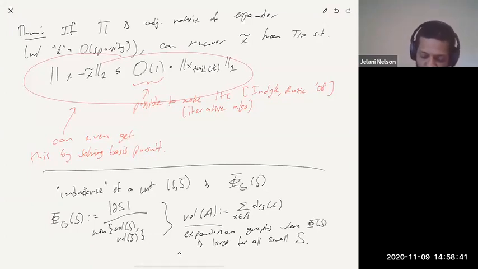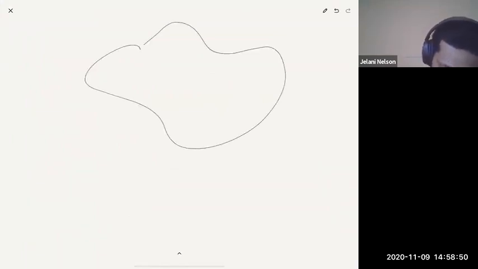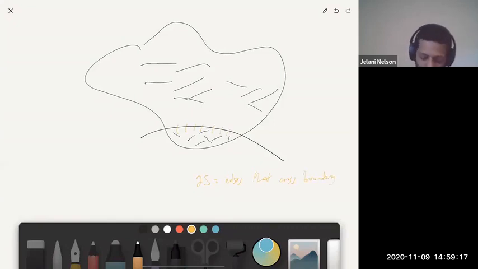So what you don't want is a situation where, let's look at some big graph and cut off a small piece. There are some edges here, some edges here, and there are also some edges that cross the boundary. Let's say this is S and this is S bar.